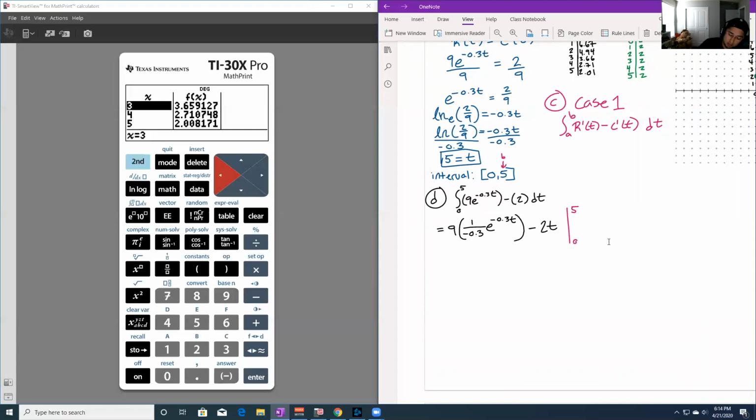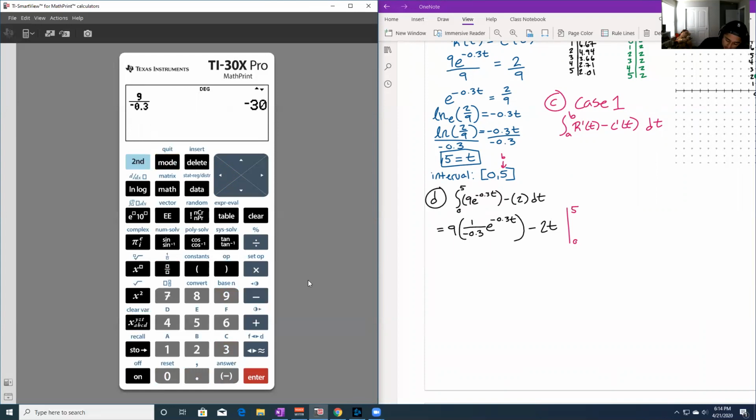Okay. Cleanup. All I'm going to do here is do the 9 over negative 0.3, or 9 divided by negative 0.3. That's negative 30.